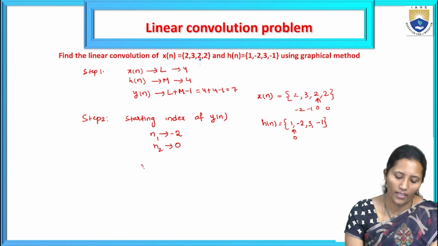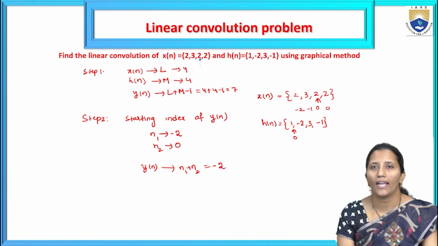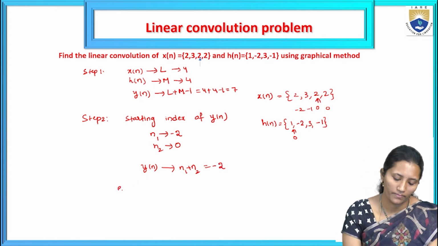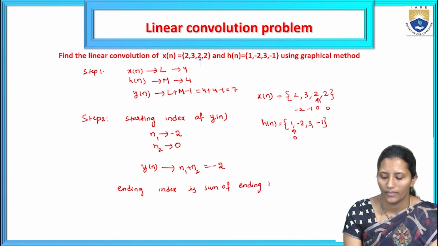So for y of n, the starting index is n1 plus n2, that is minus 2, and the ending index is the sum of the ending indexes of x of n and h of n.